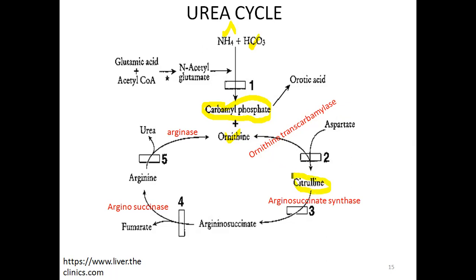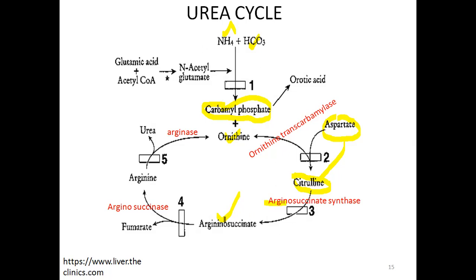For formation of the citrulline, there is requirement of ornithine transcarbamylase enzyme. This citrulline that is formed, along with the aspartate, both of them together form what is known as arginosuccinate. Now, this arginosuccinate formation takes place in the presence of this enzyme known as arginosuccinate synthase.